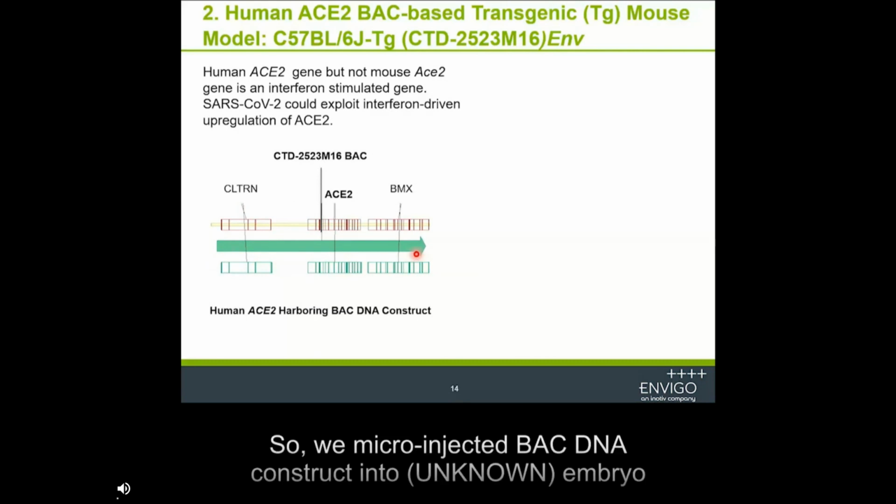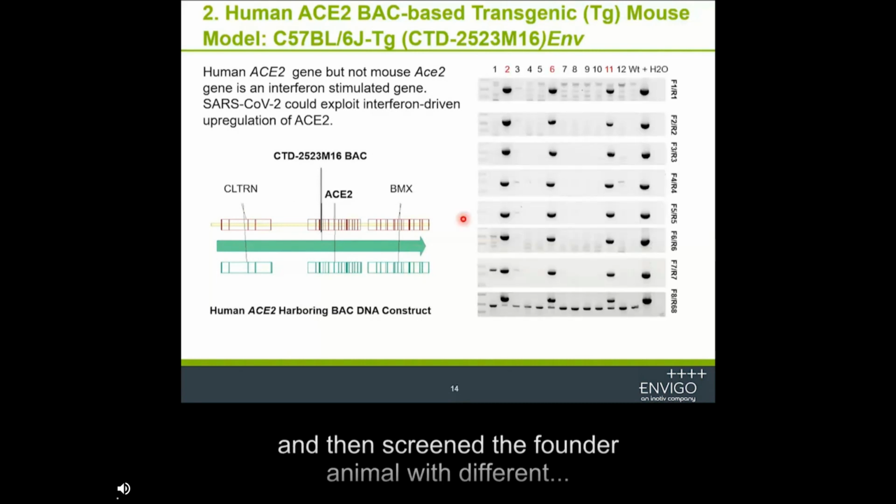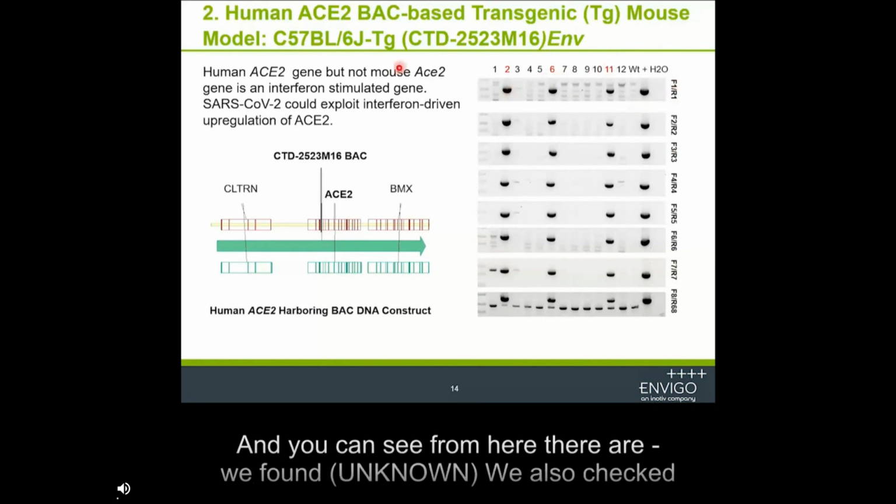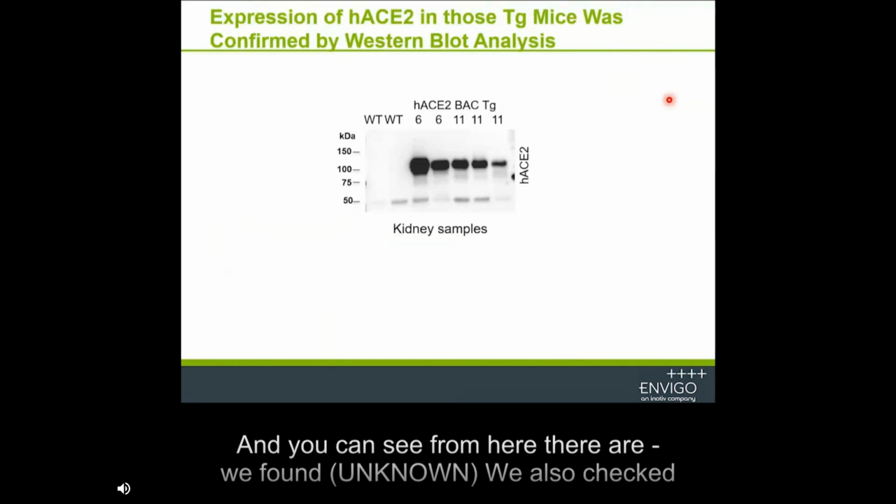So we microinjected the BAC DNA construct into fertilized one cell stage embryo and screen the founder animal with different primer pairs targeting different regions of the BAC DNA construct. As you can see from here, there are at least 3 founders were developed.